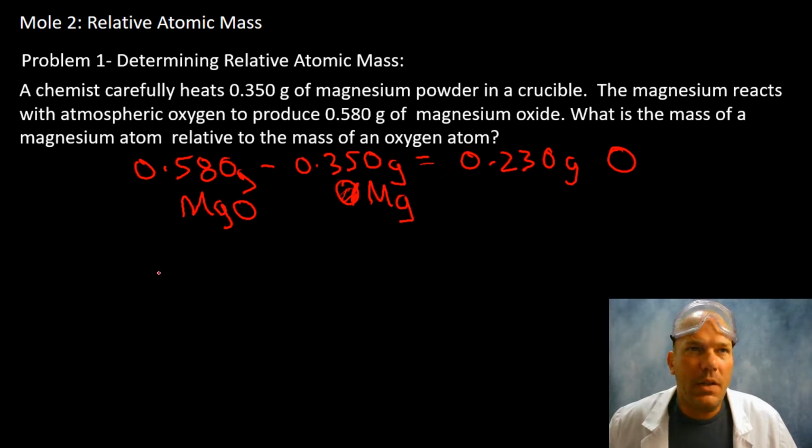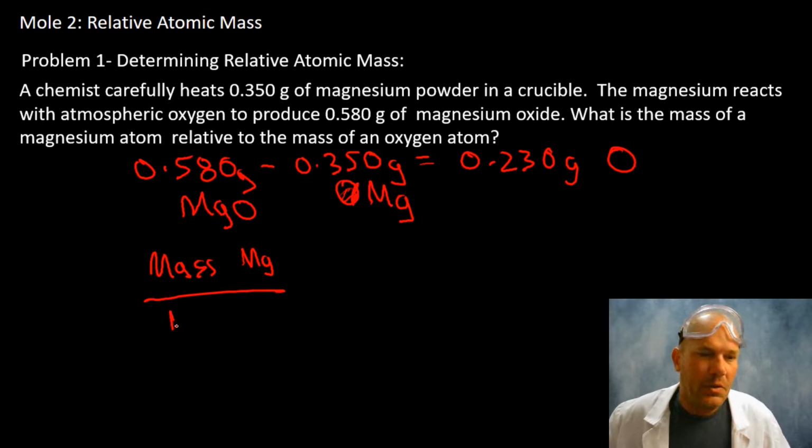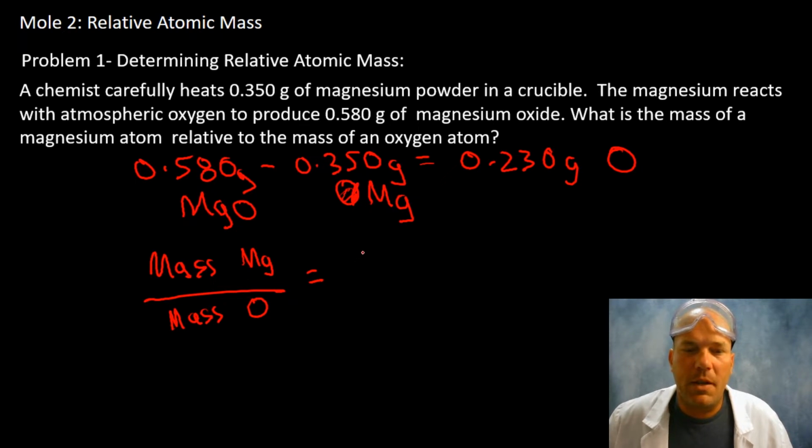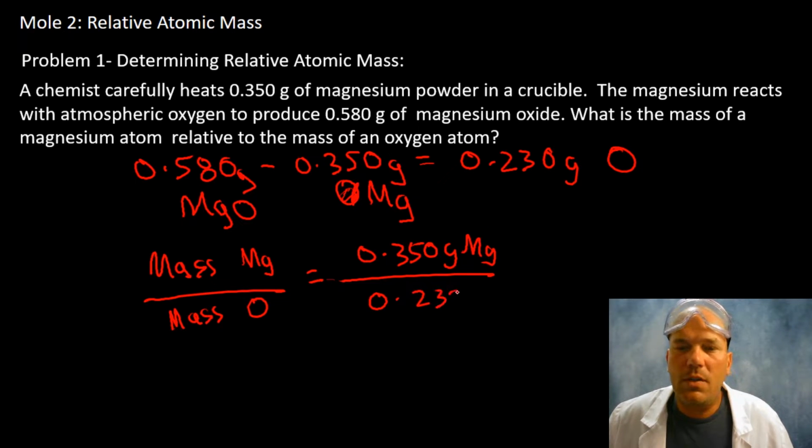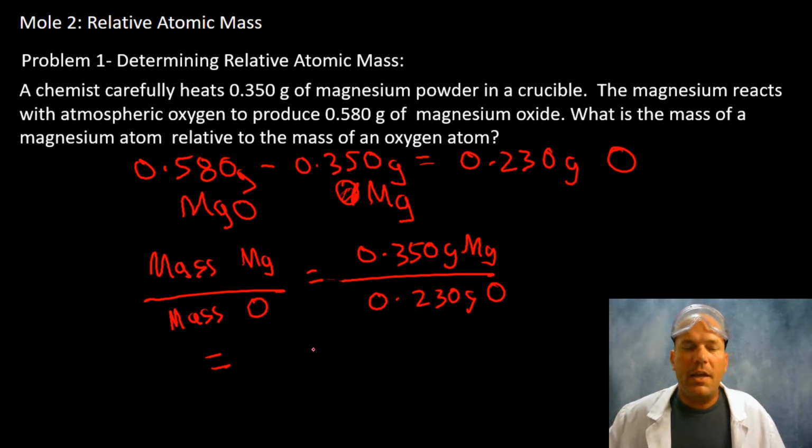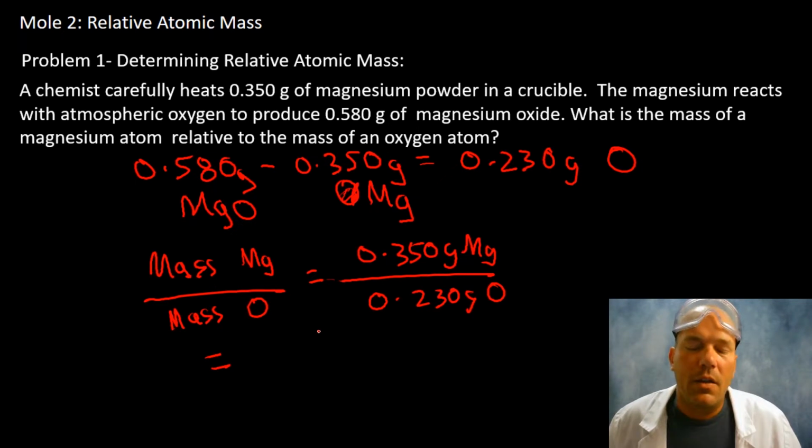So then the way you would set this up is the mass of magnesium atoms to the mass of the oxygen atoms equals, so the mass of the magnesium, that was my 0.350 grams magnesium, and my oxygen 0.230 grams of oxygen.